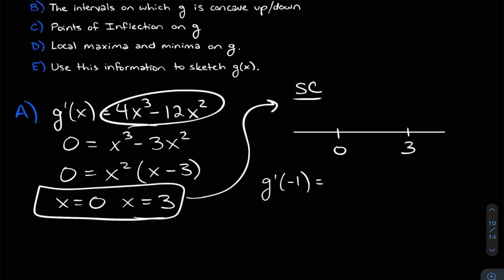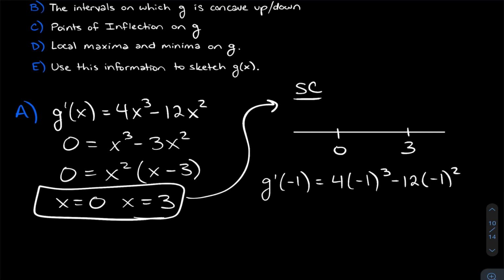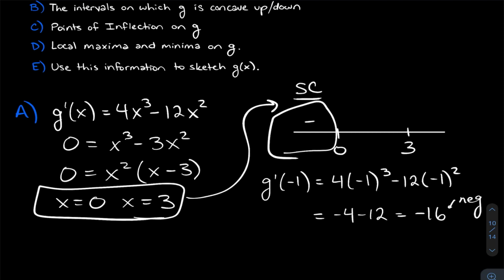We plug into the derivative because the derivative either has to be positive or negative, not the actual original function. So for the derivative, we're just going to get 4 times -1 cubed minus 12 times -1 squared. And that is -4 minus 12, that's -16, that's negative. So any point that we try from -infinity to 0 is going to give you a negative derivative.